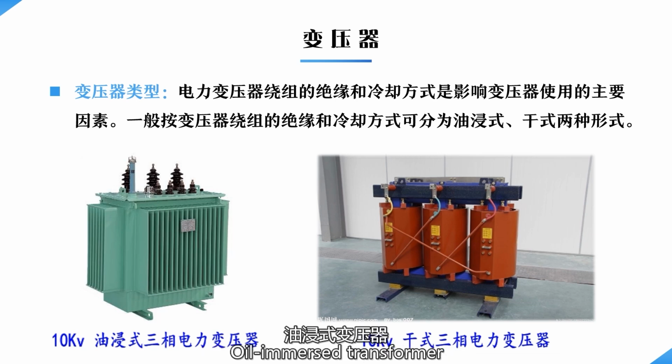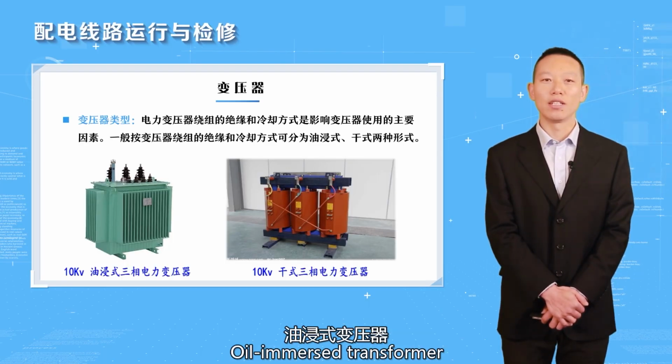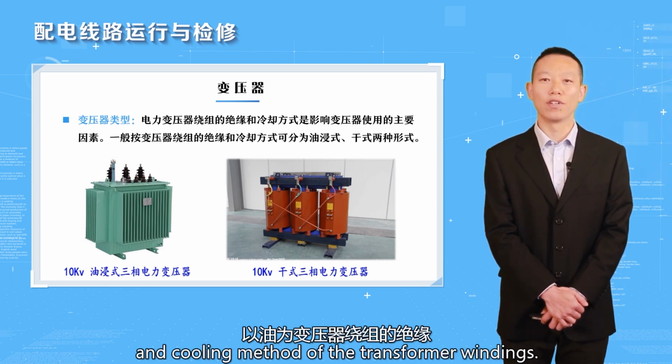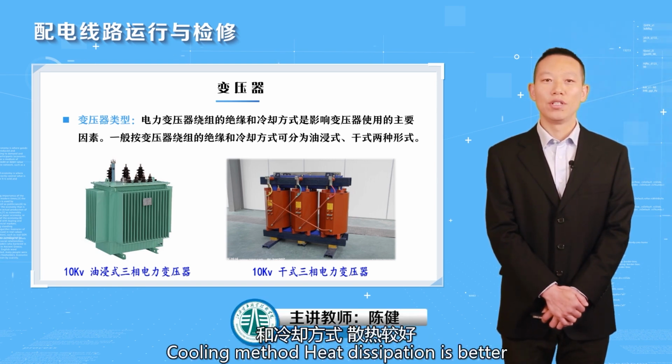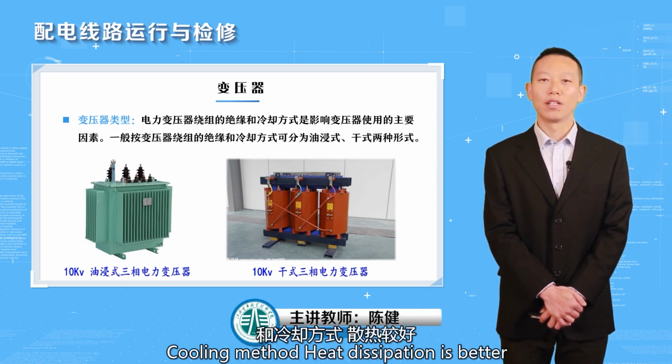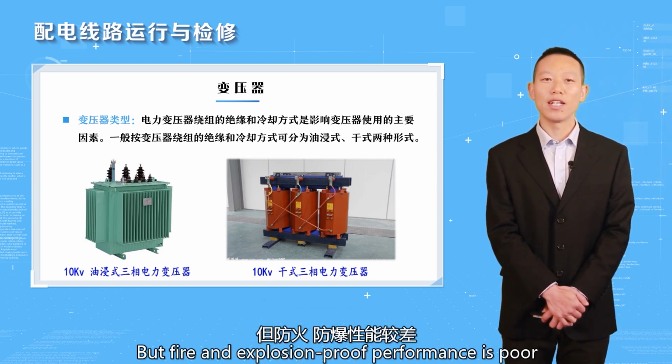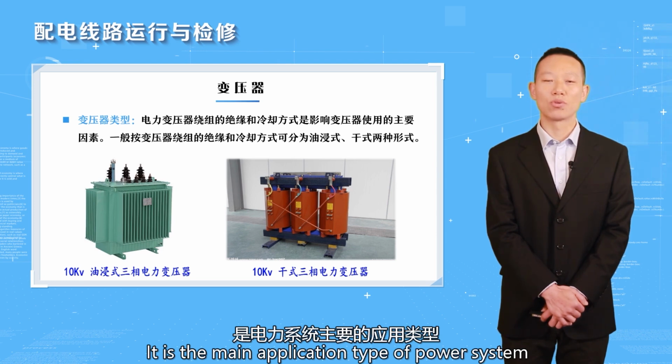Oil-immersed transformer: oil is the insulation and cooling medium of the transformer windings. The cooling method has better heat dissipation and moderate cost performance, but fire and explosion-proof performance is poor. It is the main application type of the power system.